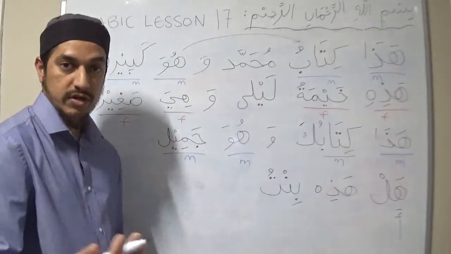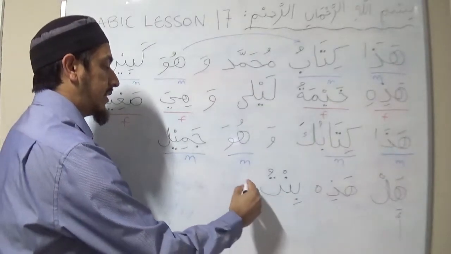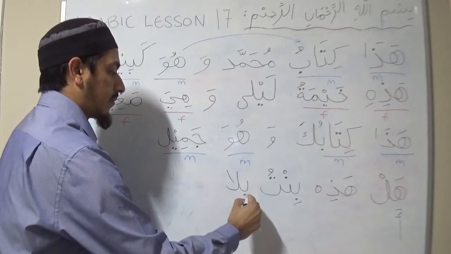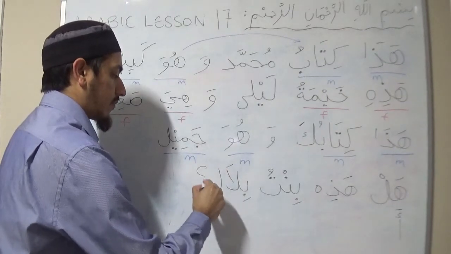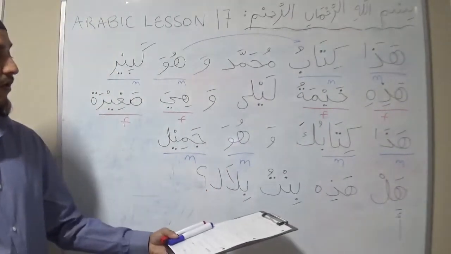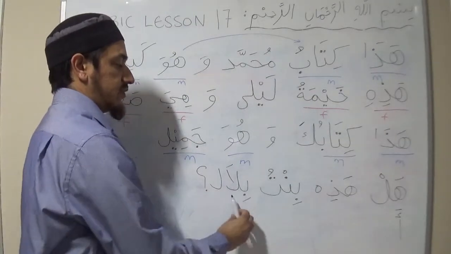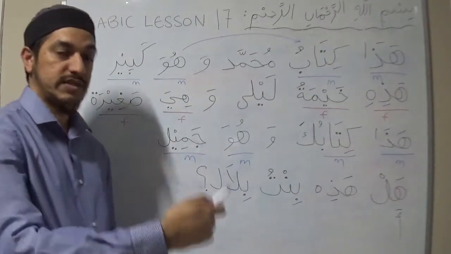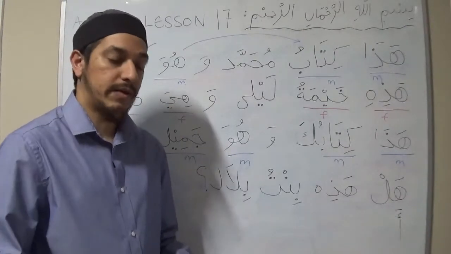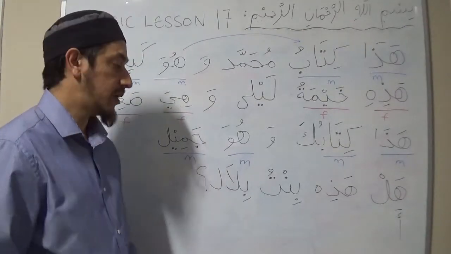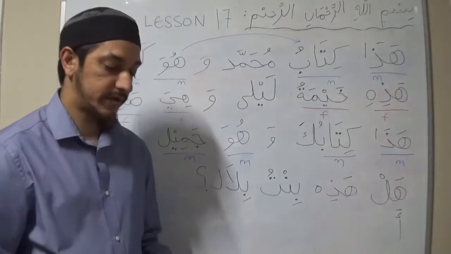Bint is daughter or girl. هل هذه بنت بلال؟ Is this Bilal's daughter? So you can see how we join these two words to say one possesses the other. It's not owned, but it's in that possession of Bilal. So Bilal's daughter.